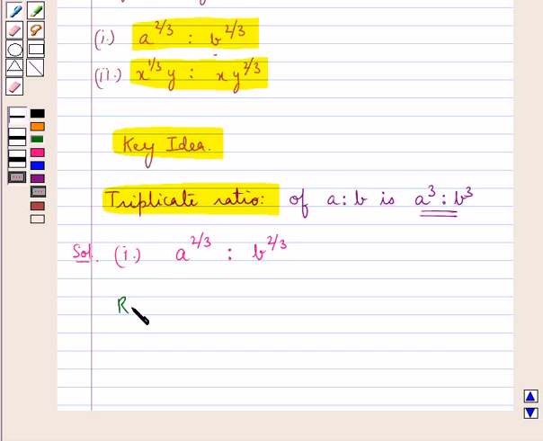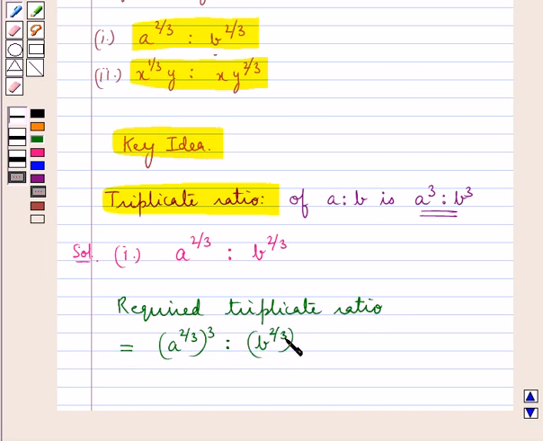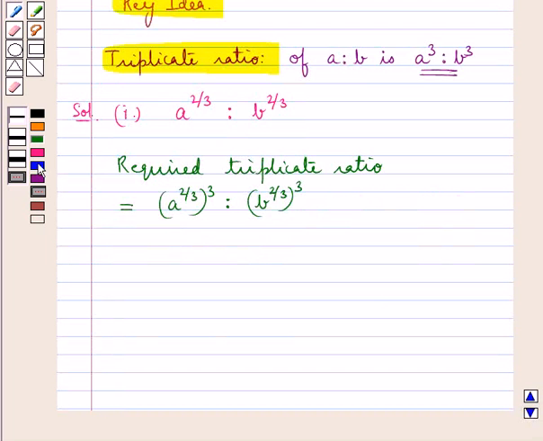Now, the required triplicate ratio is given by a to the power 2 upon 3 the whole cube is to b to the power 2 upon 3 the whole cube, or this is equal to a to the power 2, that is a square, is to b to the power 2, that is b square. So this is the triplicate ratio of the given ratio.